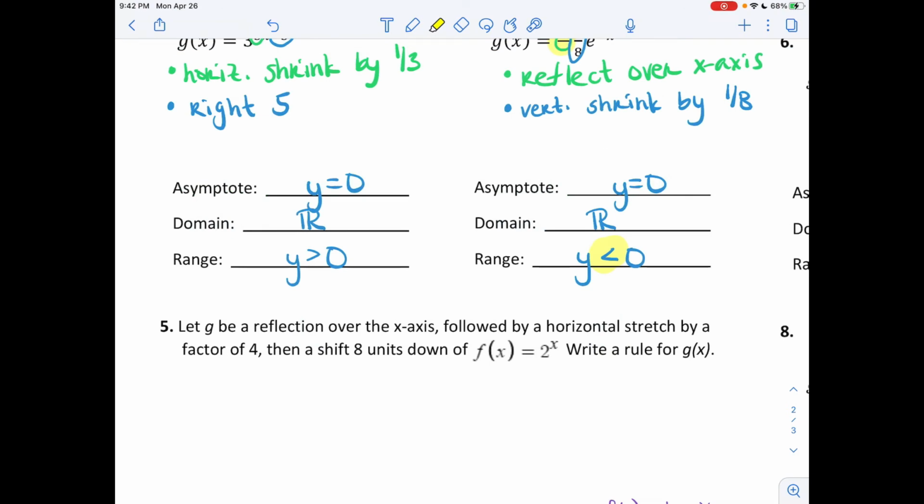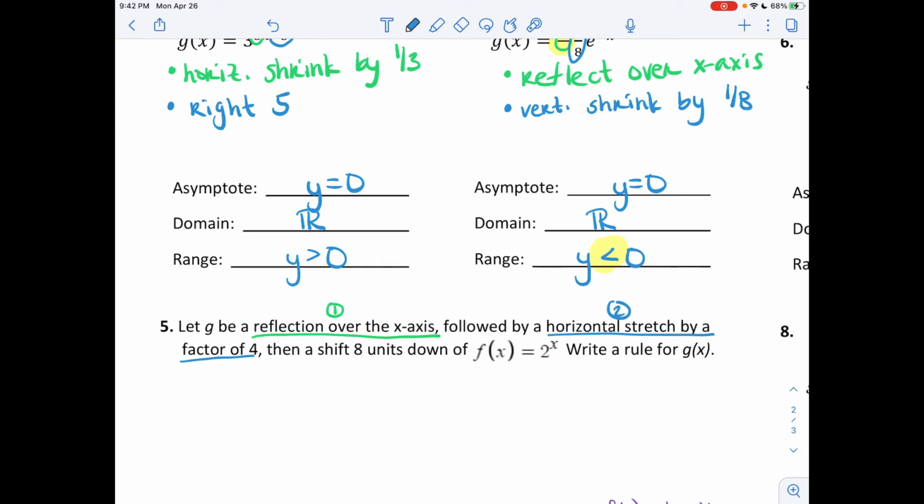The last thing that we're going to do with our exponential functions before we move to log functions is write a rule when we are given a description of what's happening. So we are going to reflect over the x-axis. I'll call that transformation 1. And then we have a horizontal stretch by a factor of 4.